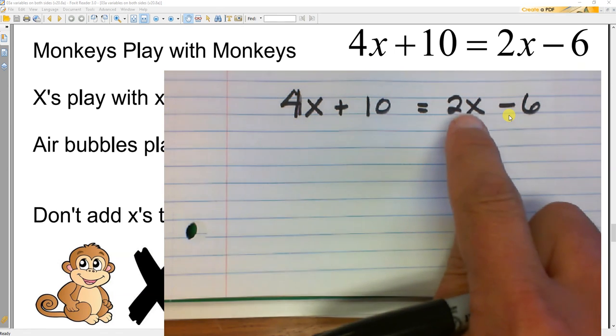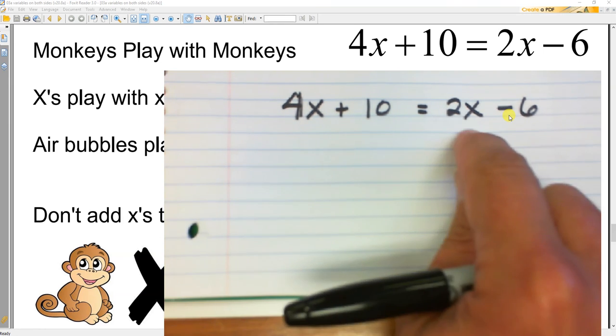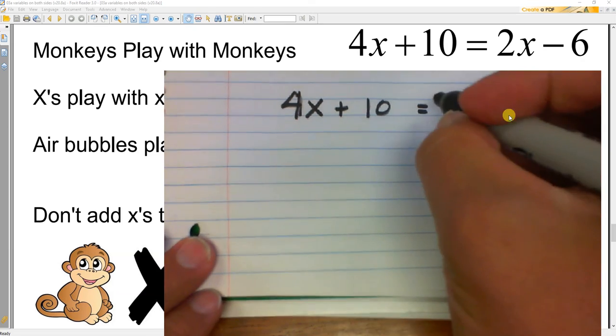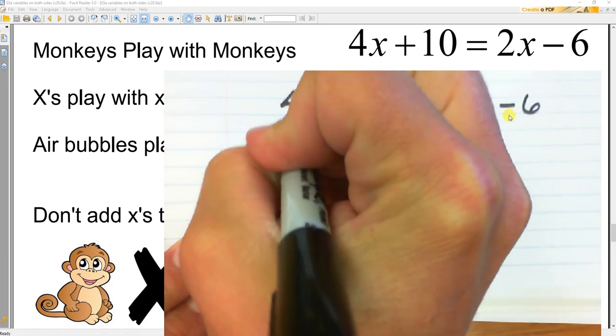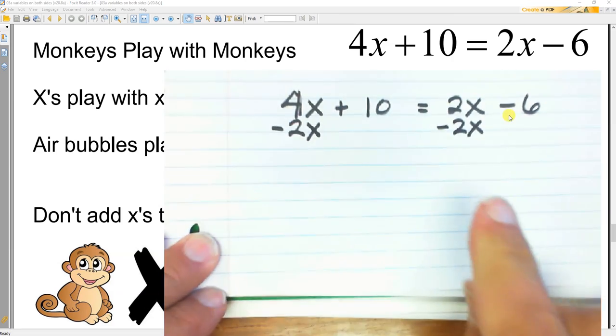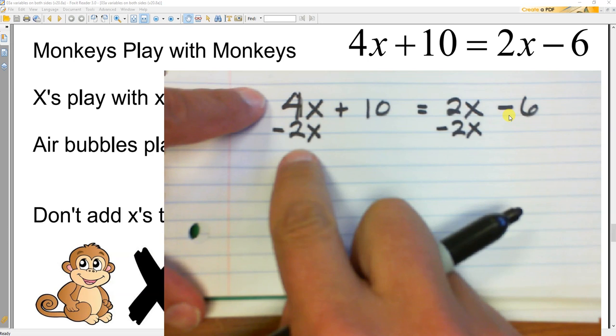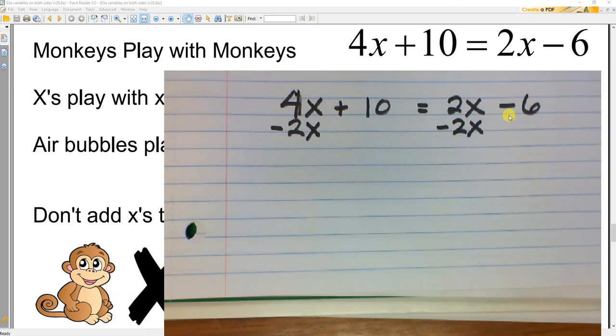Now I can either go minus 2x, or I can go minus 4x. It's your choice. I'm going to choose to do minus 2x because this will be easier. It's easier to do 4 minus 2 than 2 minus 4. It keeps things positive.